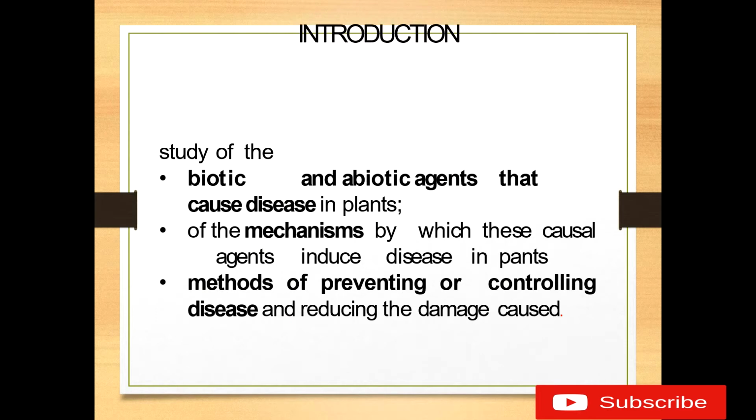First of all, how can we define pathology? I told you it is related to diseases. Since this is plant pathology, it relates to plant diseases. So we can define plant pathology as the study of biotic and abiotic agents which cause disease in plants. The second part includes the mechanism by which these causal agents induce diseases in plants.